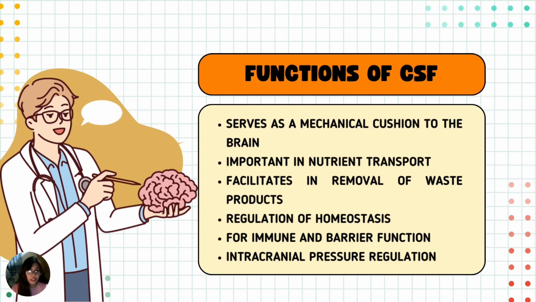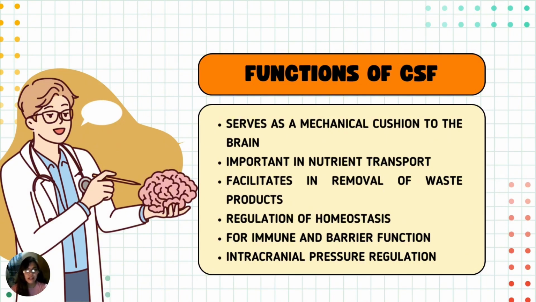And for the barrier function, while allowing certain immune components into the CSF, it helps prevent the entry of potentially harmful substances and pathogens by maintaining the integrity of the blood-brain barrier. And lastly, for the intracranial pressure regulation, cerebrospinal fluid helps to maintain consistent intracranial pressure by circulating within the ventricles and subarachnoid space.